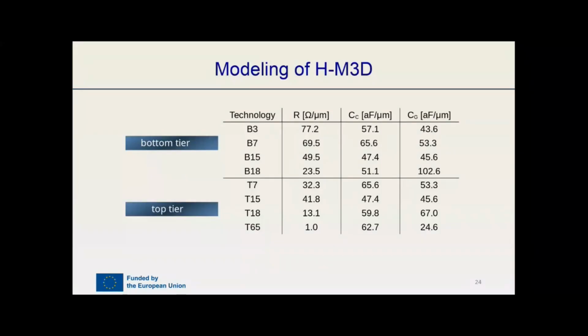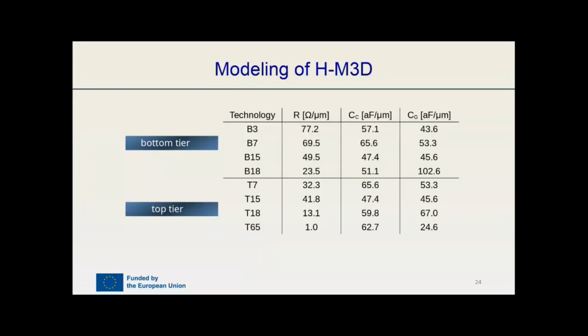In terms of resistances, we are ranging the resistance of the wire from 77 ohms per micrometer when we are using a very dense technology, 3 nanometers. And if you are using older, more classical technology, for example 18 nanometers, then we are assuming that the resistance will be slightly better, 23 ohms per micrometer.